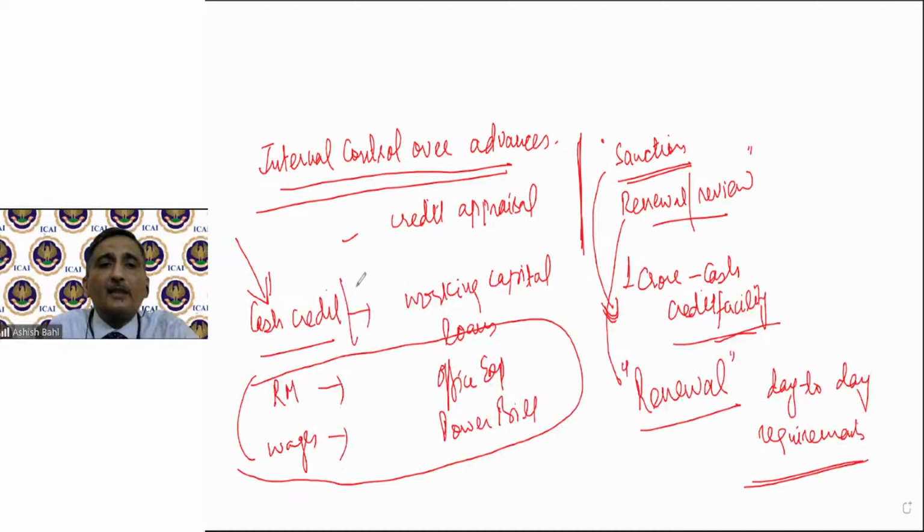So these two terms are used interchangeably: cash credit facilities or overdraft facilities. Okay, so is that clear to you, Jay?